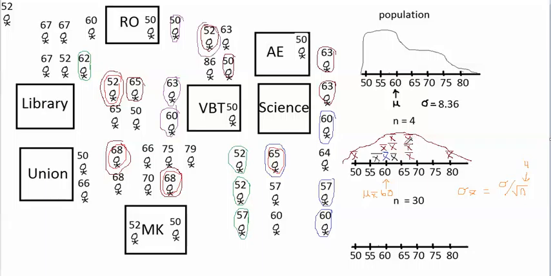I'm only going to end up selecting one of the possible samples, but the standard error measures how much spread there is to the means of all of the possible samples of 4 people that I might end up selecting as my sample.